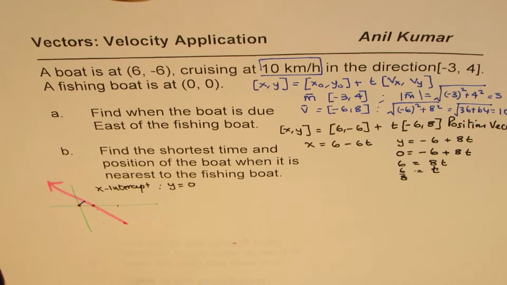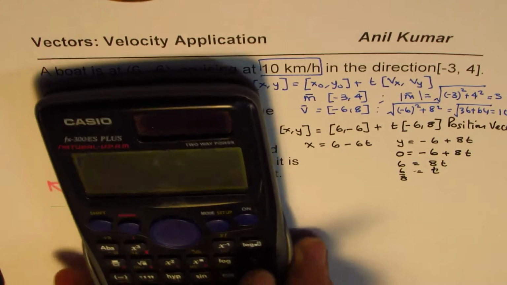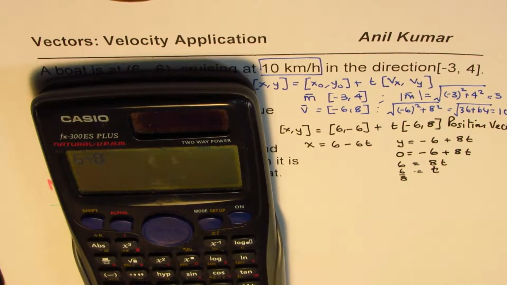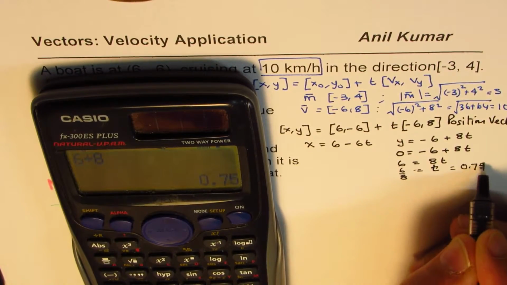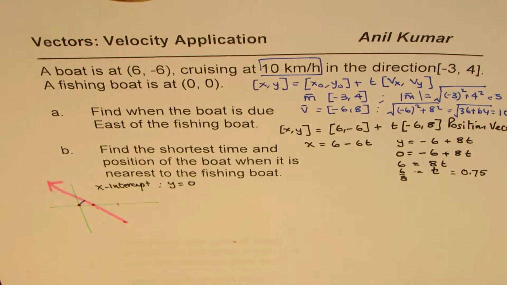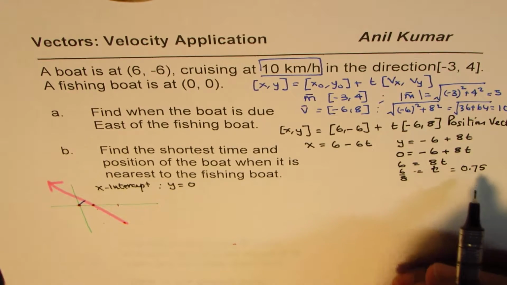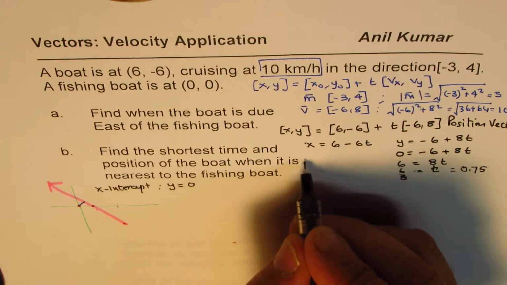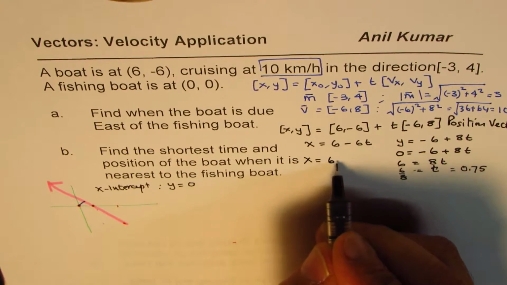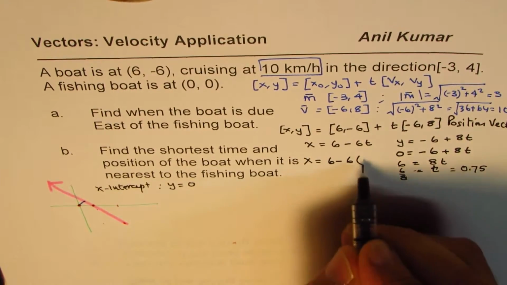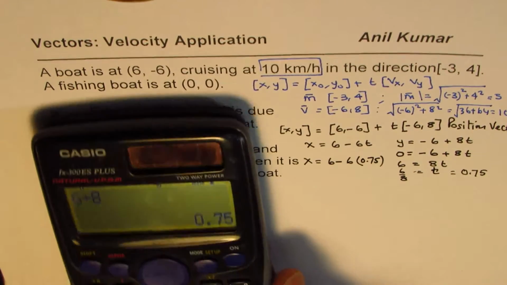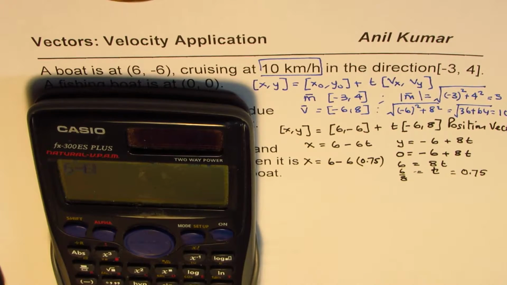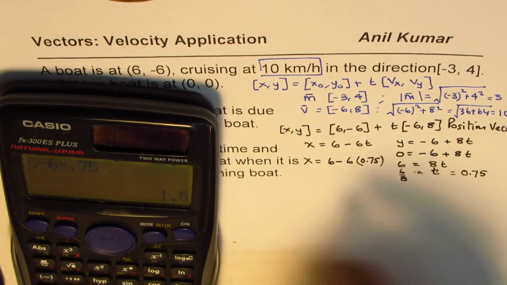In decimals, 6 divided by 8 equals 0.75. So t is 0.75. We'll substitute here. The x position is 6 minus 6 times 0.75, which equals 1.5.